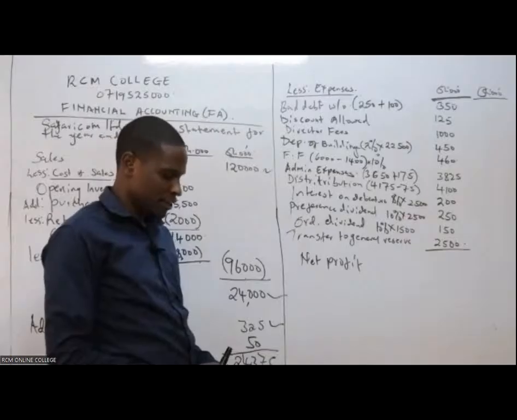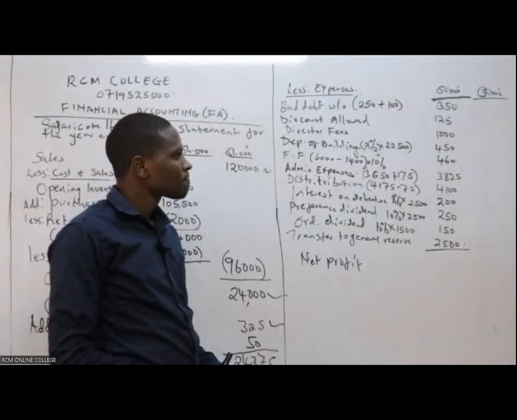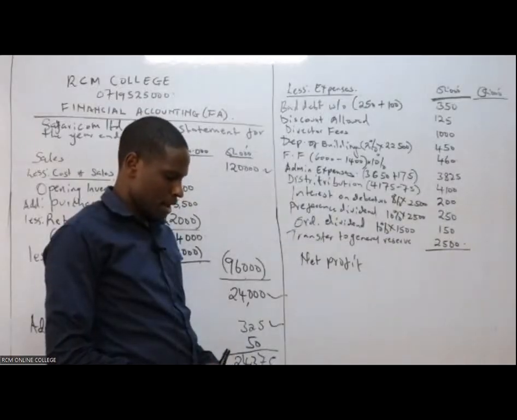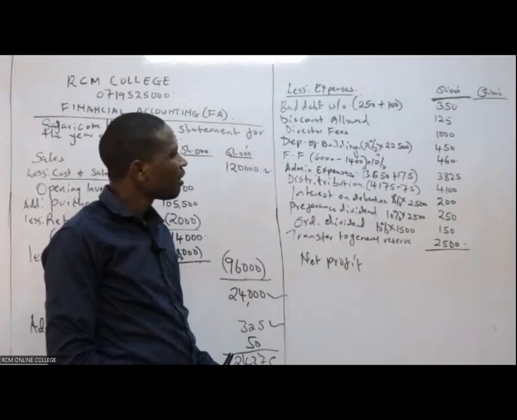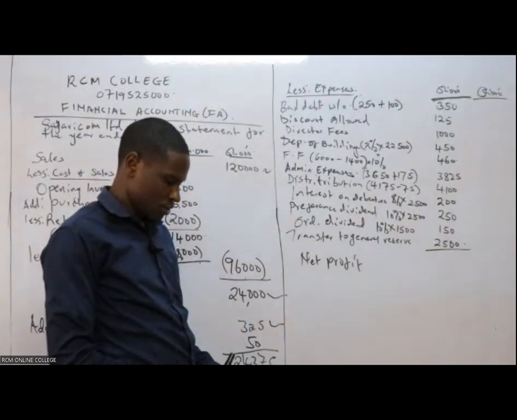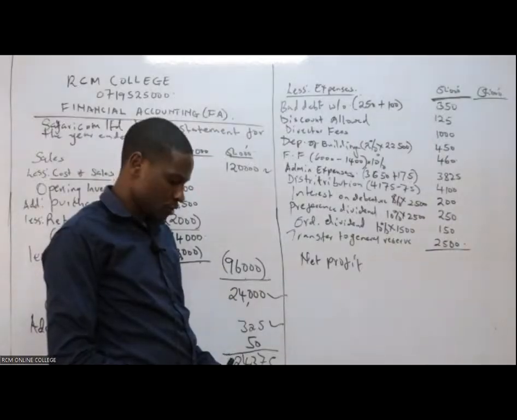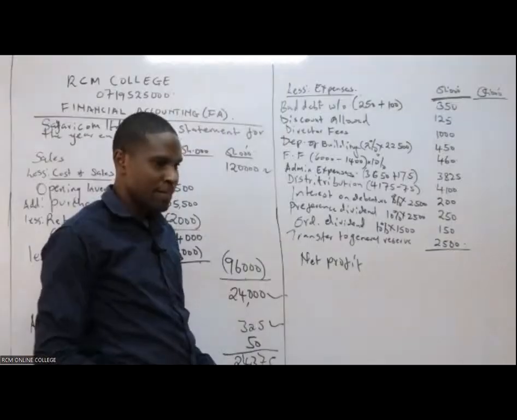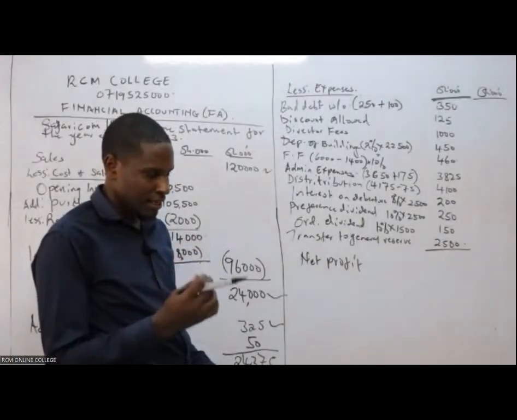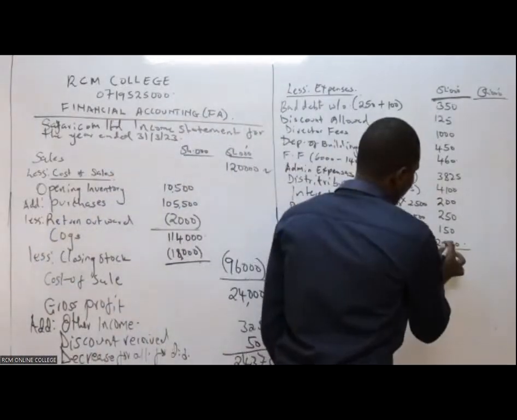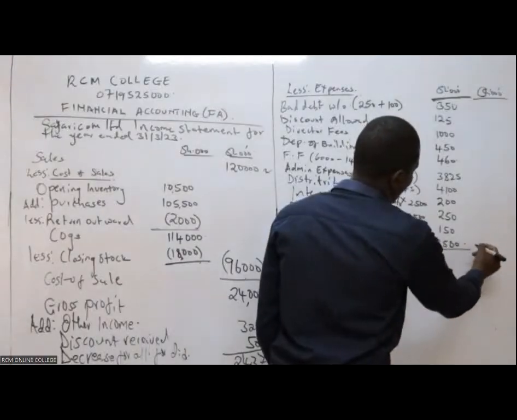So I have 475 plus 1450 plus 460 plus 60 plus 3825 plus 4100 plus 200 plus 250 plus 150 plus 2500. I get 13,860. I get 13,860, unless there is some figure I am not sure about here, all the workings look right.